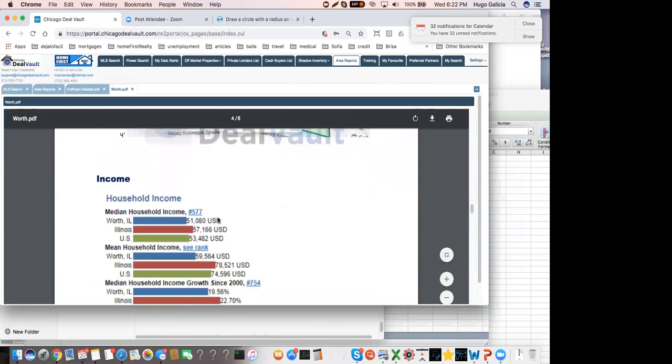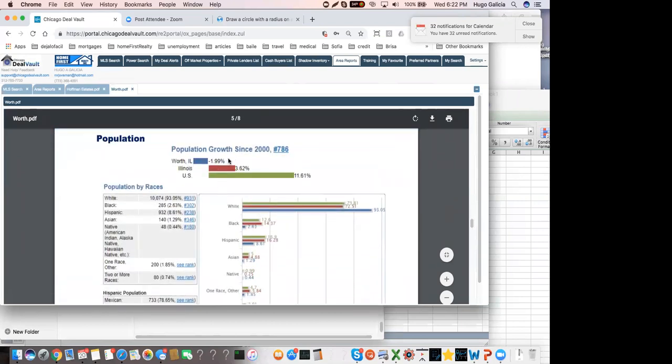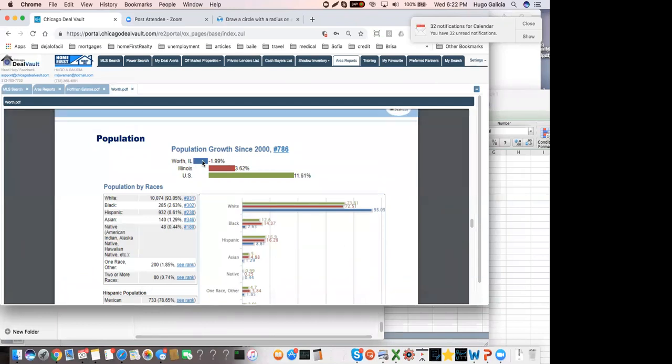So here the household income is a little bit below the average, so 51,000 versus 57,000. Population growth, look at this, it's negative. So one of the factors that I can attribute the negative population growth, so people moving away from Worth, is schools, right? An area that has bad schools will just take families away from it, okay?